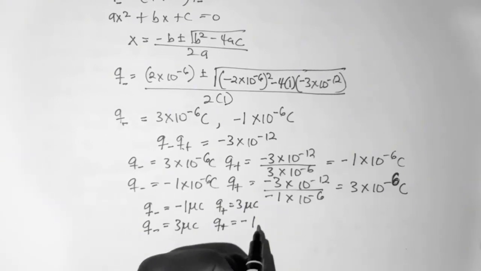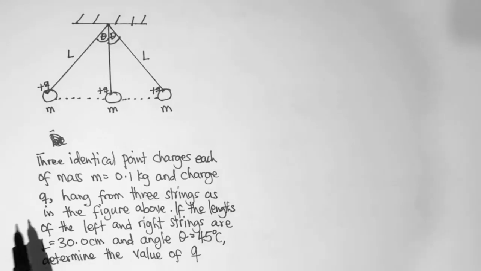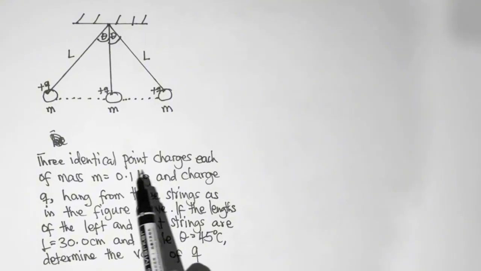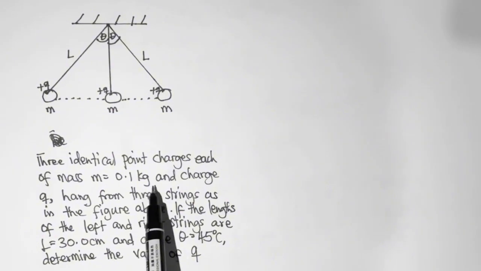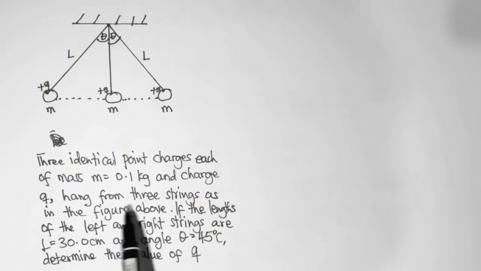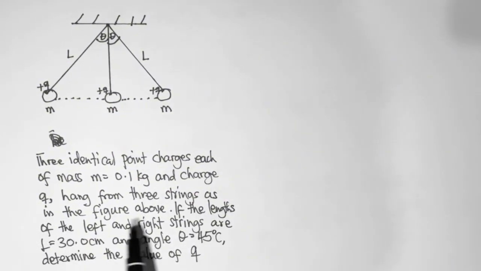So it says that 3 identical point charges, each of mass 0.1 kilograms, and charge Q hang from these 3 strings as in the figure above.